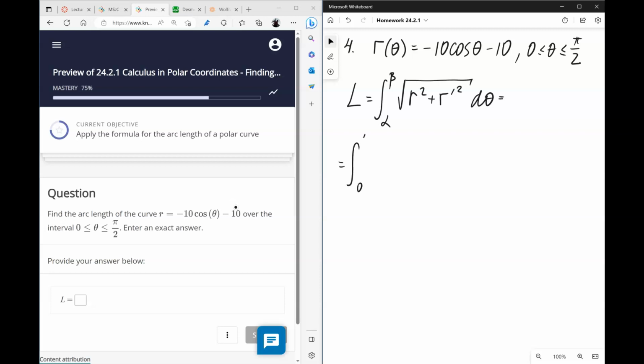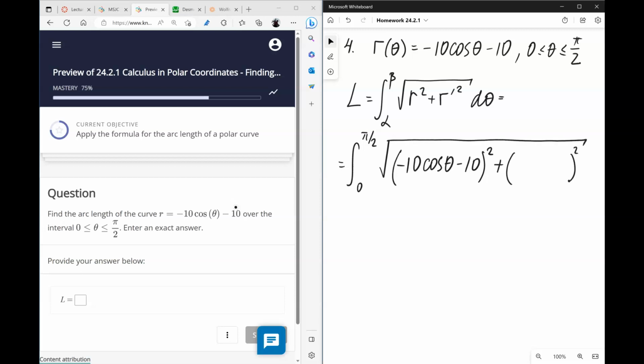And let's go for it. r squared is negative 10 cosine theta minus 10 squared plus derivative of r squared d theta, and derivative of r will be 10 sine theta.